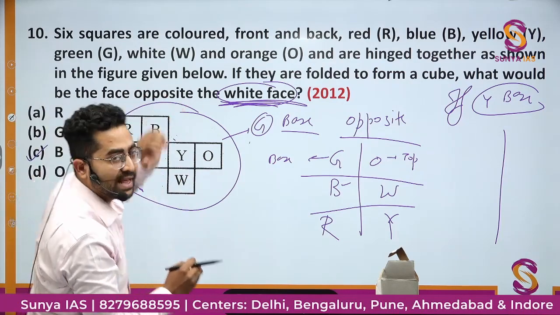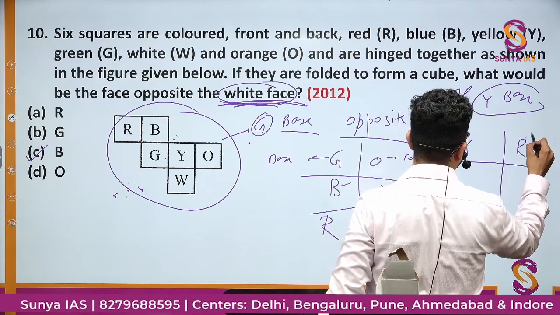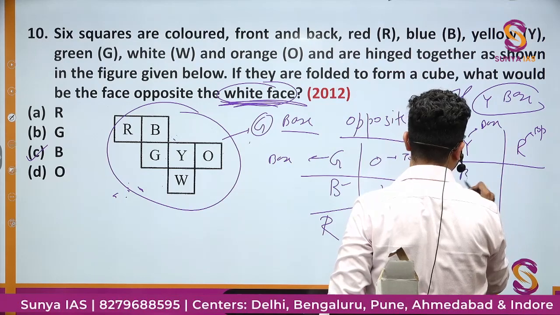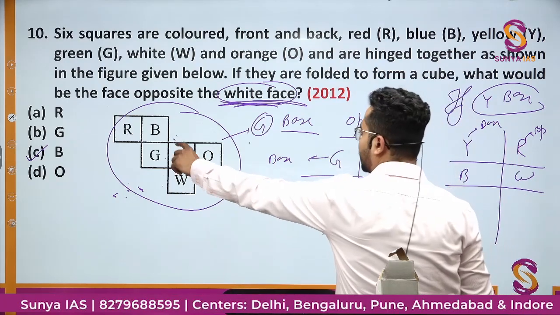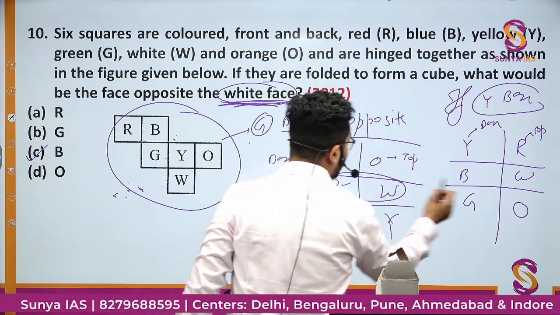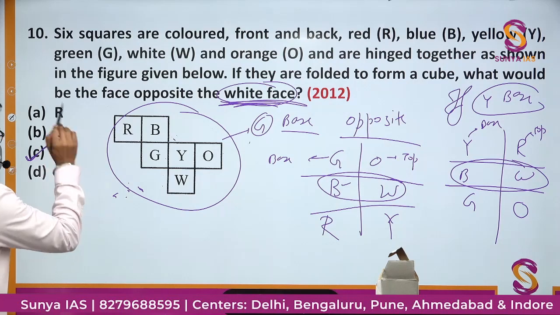Then Y is the base, R is at the top. And similarly, the other two would be the same, B and W and G and O. So in both cases, B and W are opposite to each other. So the correct option would be option C.